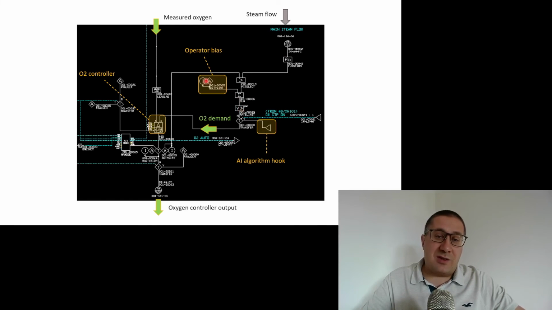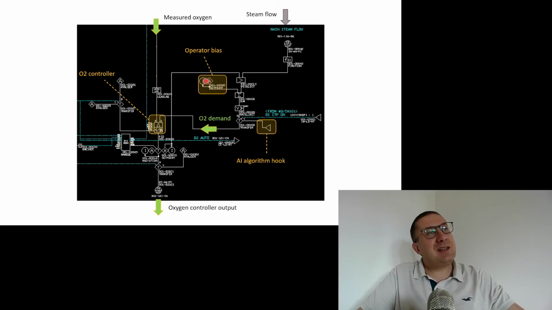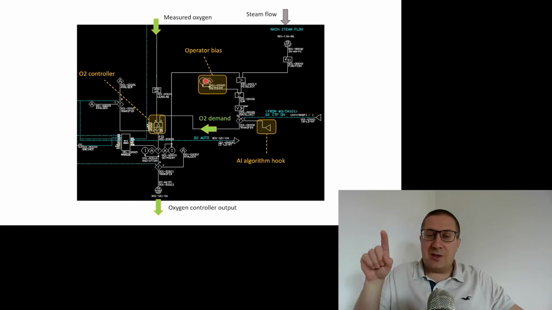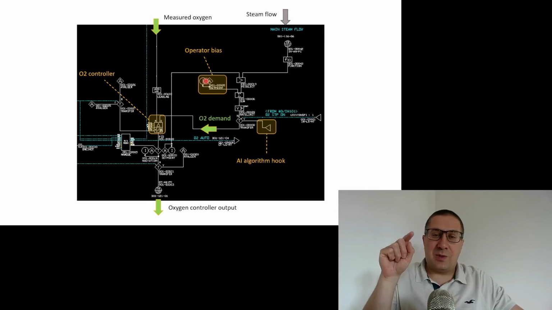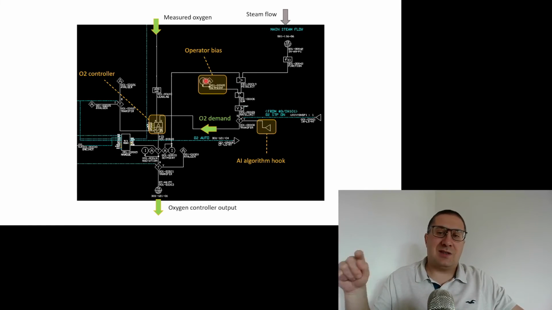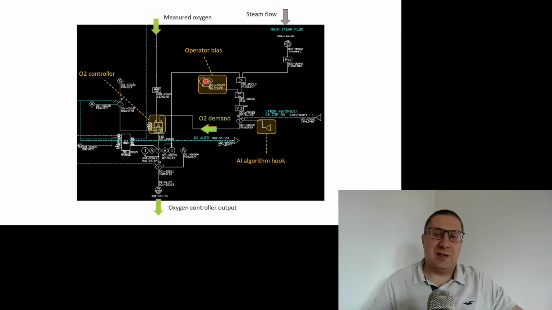If the operator is not happy with this, because he sees that, well, we have a high unit load, the set point for oxygen is 2%, but I see that the CO emission is too high, the operator can open the window, like we did with the coal feeder. He can open the window and add a bias of, let's say, 0.5% of oxygen more. So the demand is not 2%, but it's 2.5% in order to avoid CO emission.